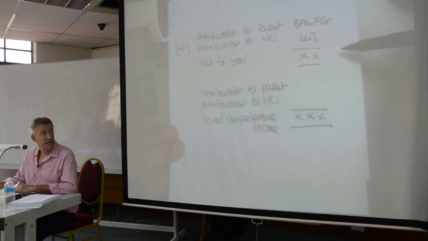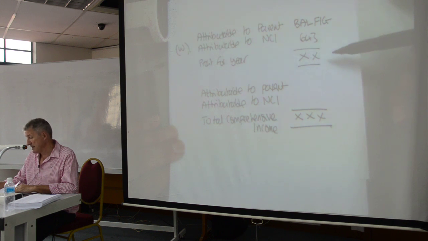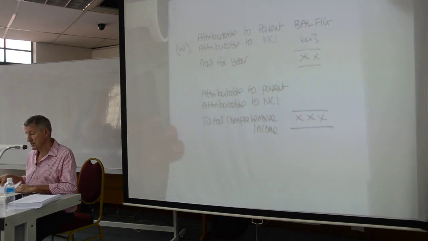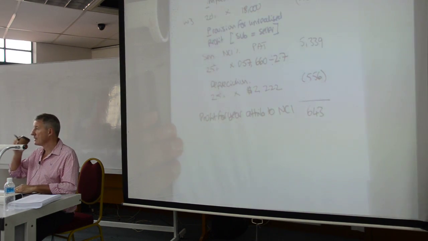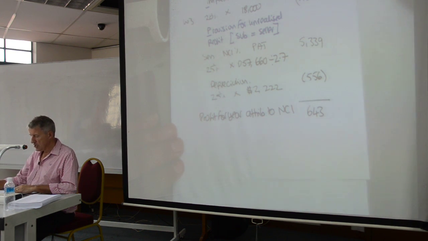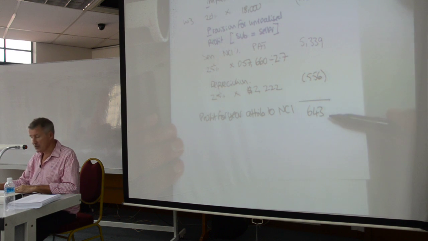So I've got my profit for the year, whatever that figure is, it doesn't matter to me. And then my attributable to parent will then just be the balance. So my profit for the year attributable to the NCI is 643.